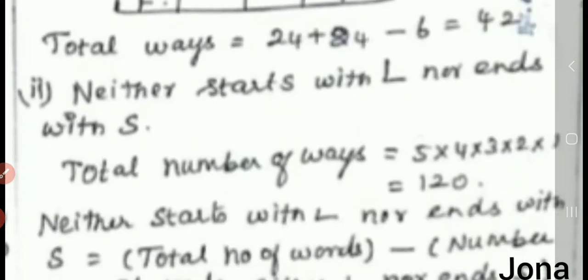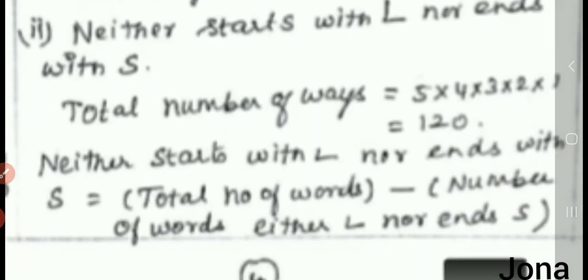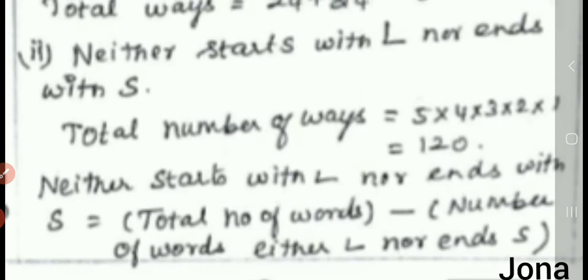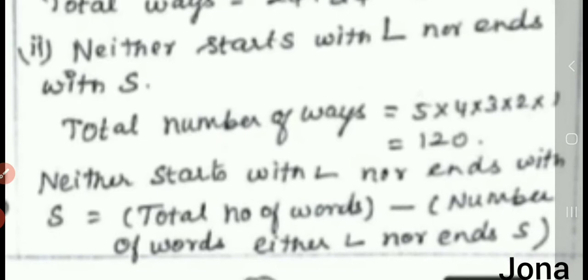The next one we want to see, neither starts with L nor ends with S. The total number of words for everything is 5 into 4 into 3 into 2 into 1, since we have 5 alphabets in total, which is 120.